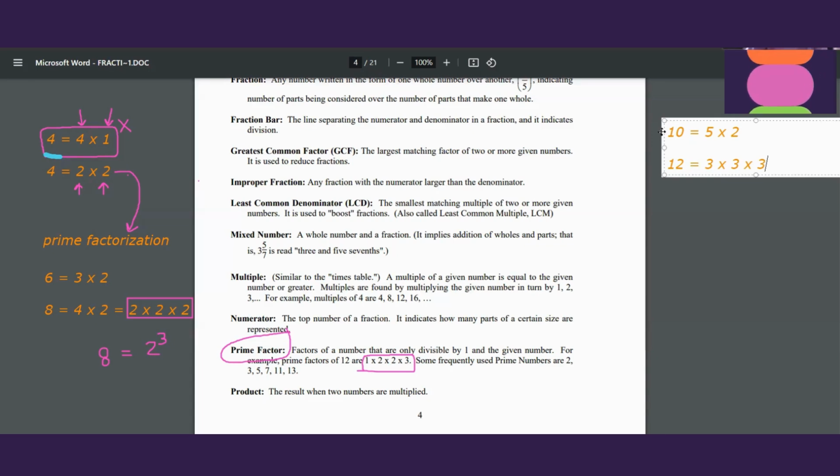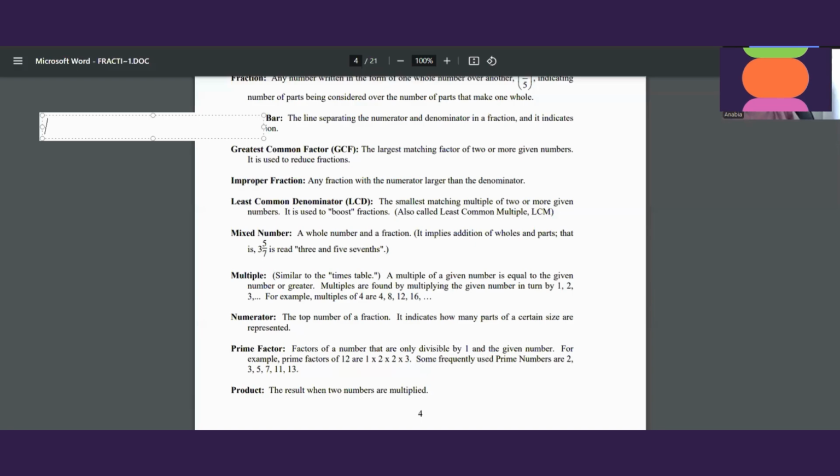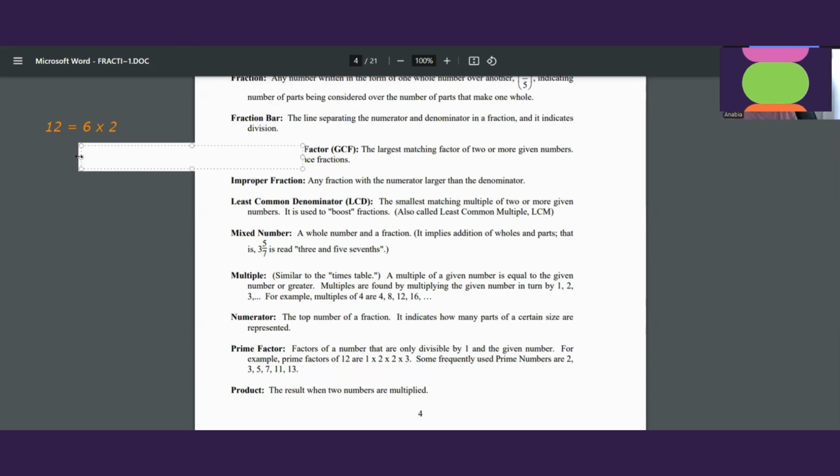Okay, look at this. 6 times 2. I can write 6 times 2 for you. So 12 equals 6 times 2. The prime factorization of 6 is 3 times 2, right? So this is for 6, and then we are multiplying it by 2 again to get 12.